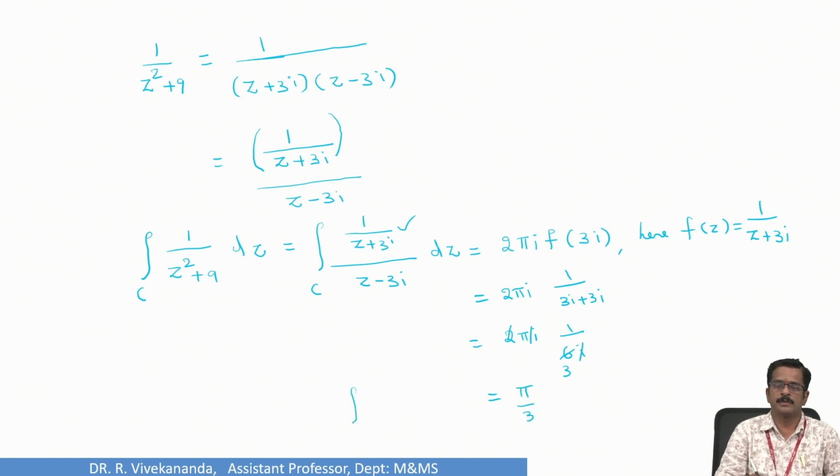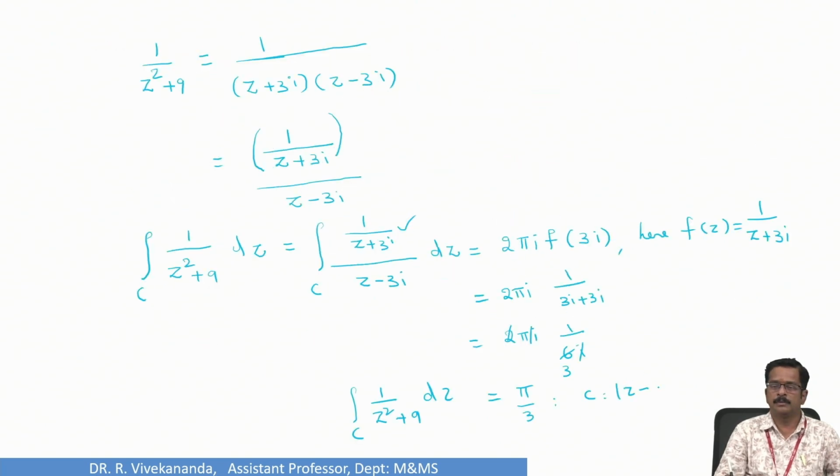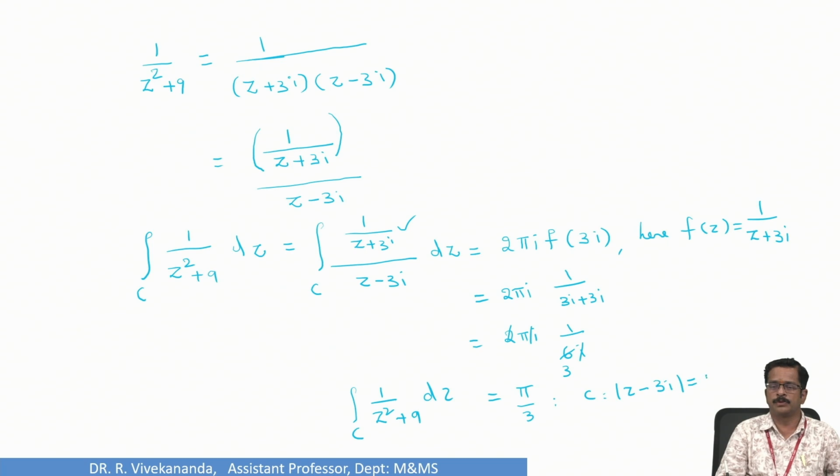So this is the integration over C of 1 by z square plus 9 dz, where C is modulus of z minus 3i equals 4.